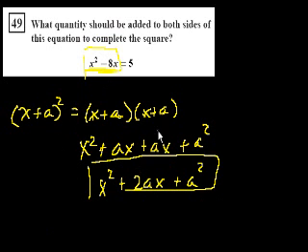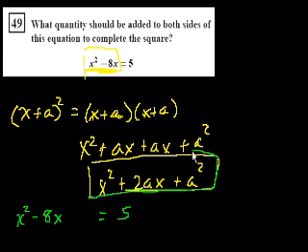So let's think about how we can do it. If we have x squared minus 8x is equal to 5, and I put a space here for a reason, because we want to add something here so it looks like a perfect square. So think about it. When we have this format, in order for this thing to be a perfect square, whatever this coefficient is right here has to be half of this squared, right?